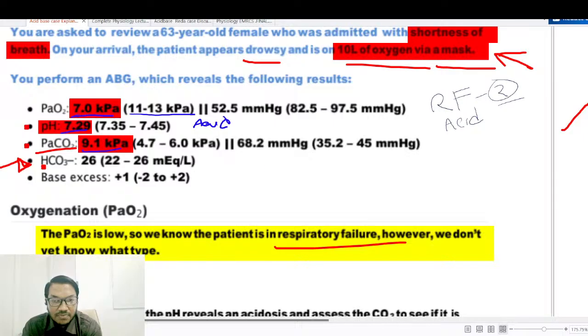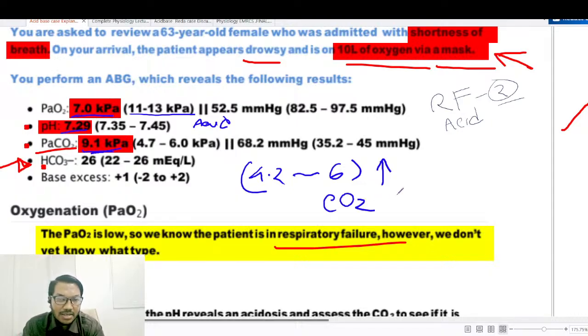Normally it is 4.5 to 6, and 9 means it is high. So carbon dioxide is high, which means acidosis.